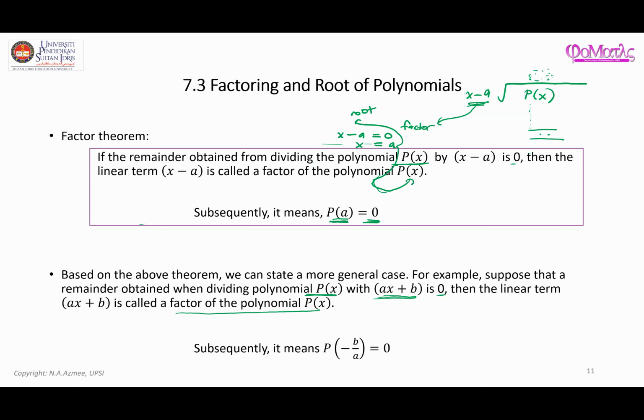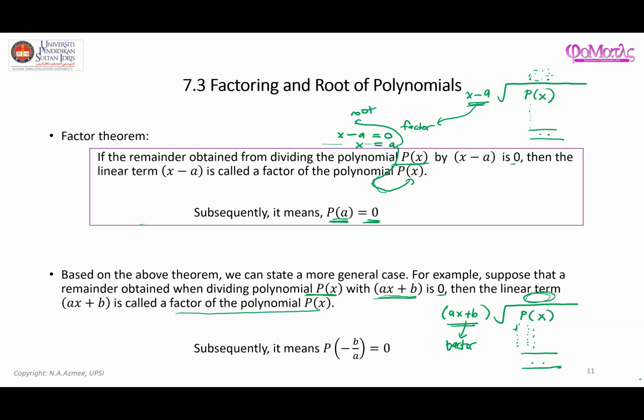Again, we talk about the same process where you have the polynomial function and you divide that with ax plus b. So the process going on at the top here, and you continue all the process. Okay, so you continue all the process until the very end, and the remainder is 0. Everything is completed.